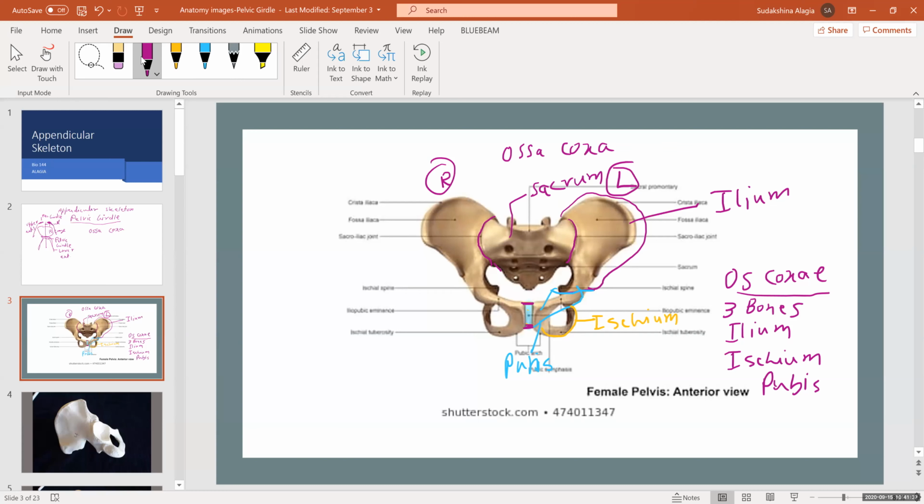This cartilaginous disc is what we refer to as pubic symphysis. It's not on your, actually yes, it is on your list. So pubic symphysis.